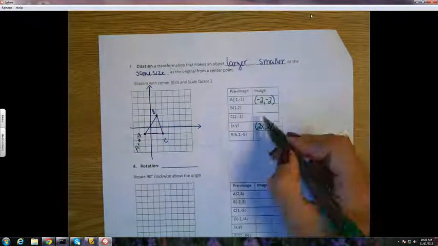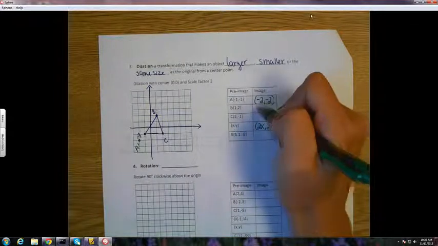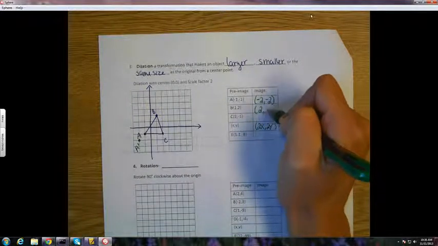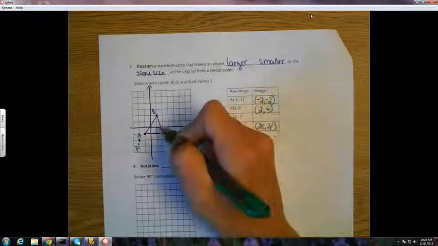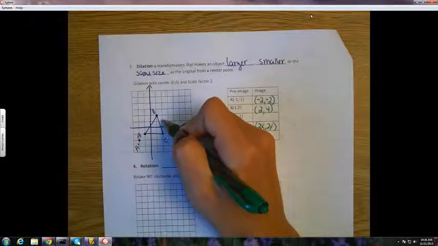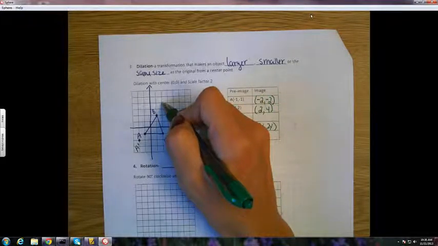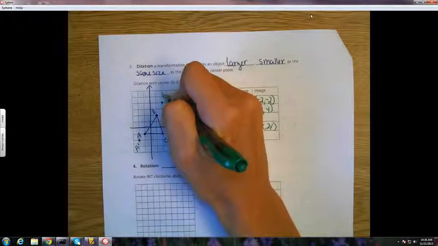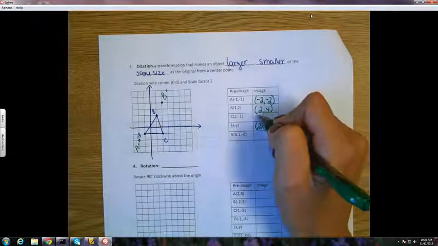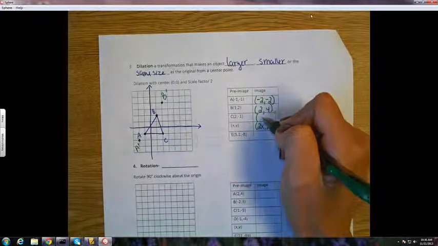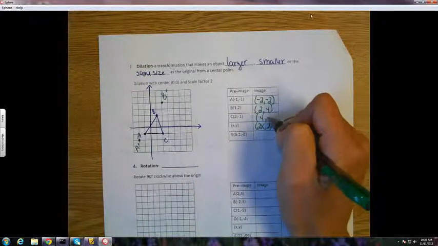Where's B going to land? 2, 4. And then C will land at 4, -2.